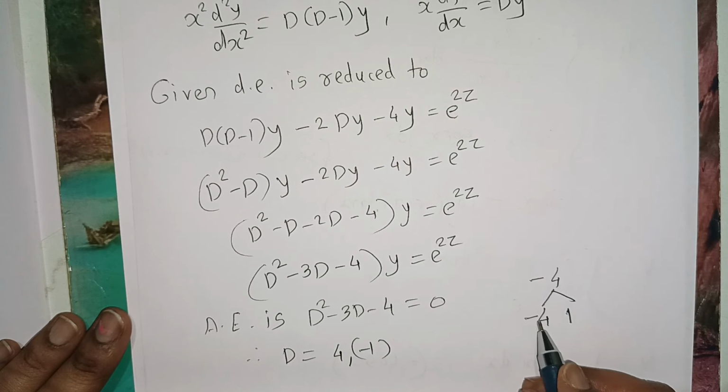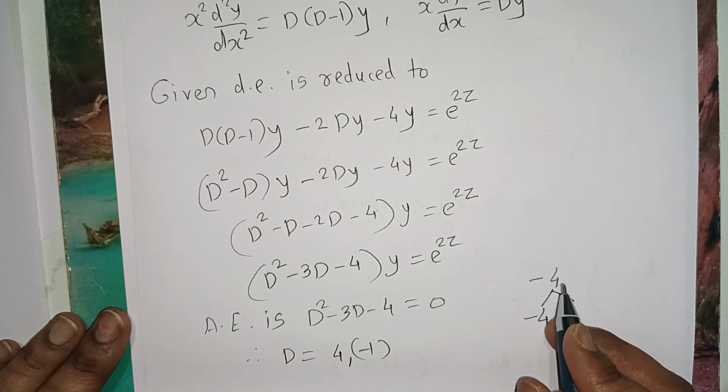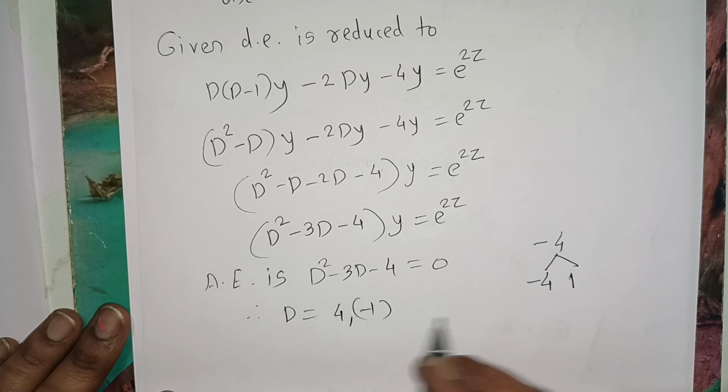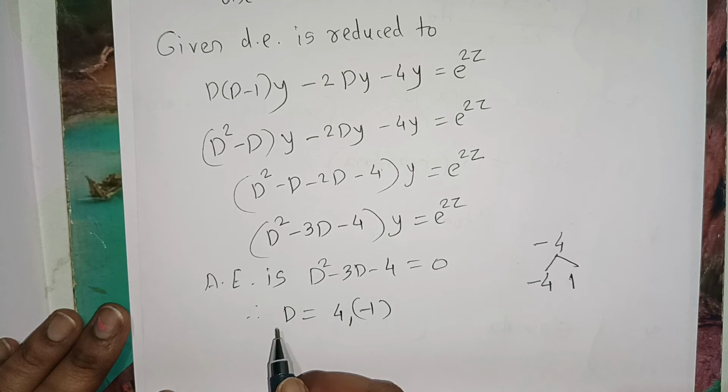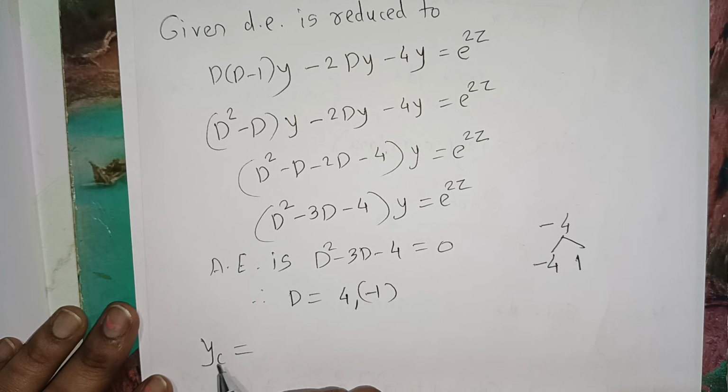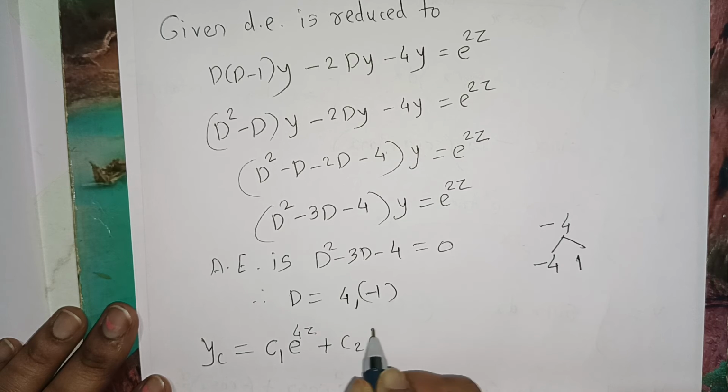In case of roots we have to change the sign of the factors. Here we are finding factors of minus 4, so we have to change the signs of those factors, and the roots will be 4 and minus 1. So yc is equal to, now yc will be in terms of z as the differential equation is in z. So yc is equal to c1 e raised to 4z plus c2 e raised to minus z.